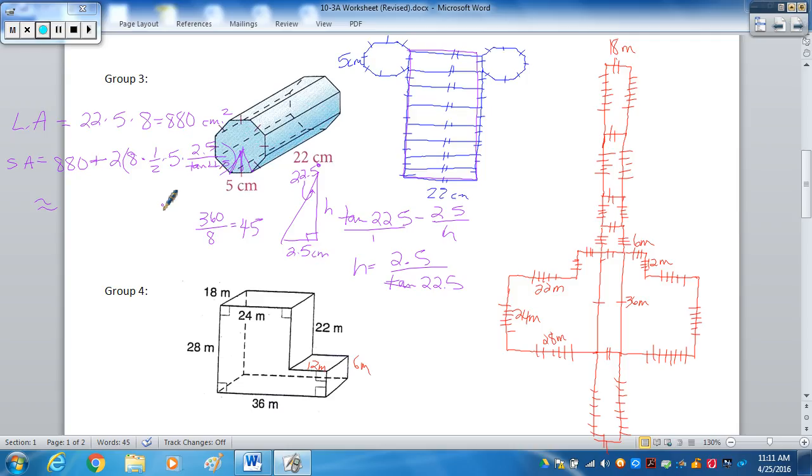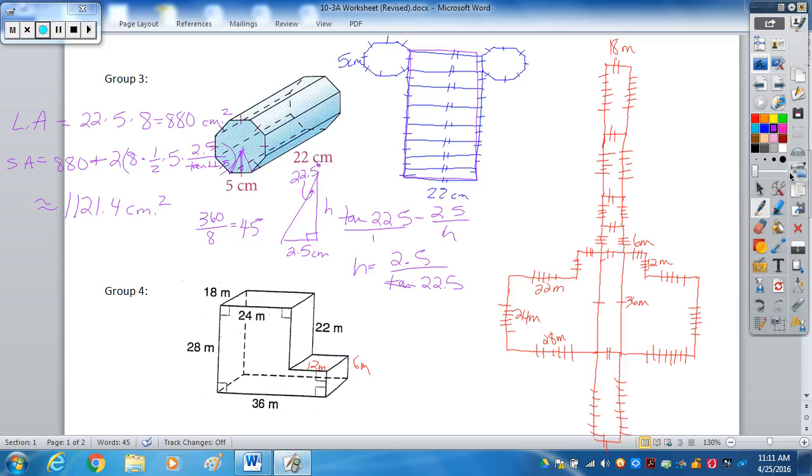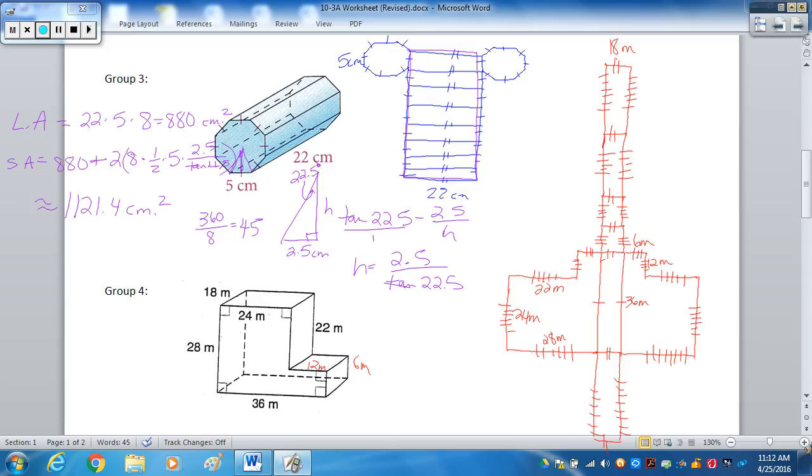When you work that out, you get 1,121.4 square centimeters. Okay. Now, let's talk about the next one, then we'll come back and look at the formula here. For the lateral area of this other figure, obviously much more complicated in drawing it out, but the lateral area and surface area actually are probably easier than the previous one.